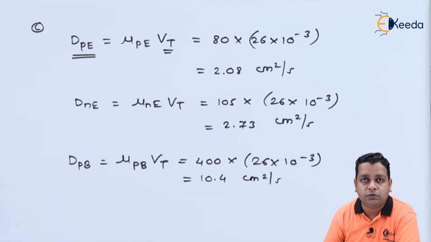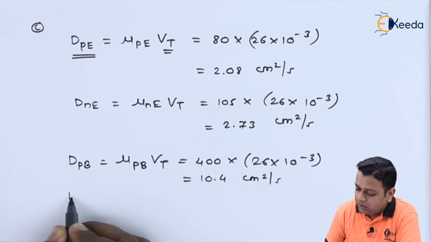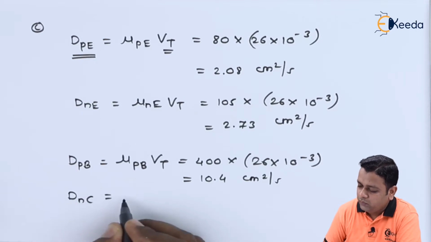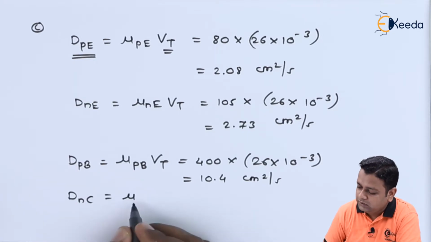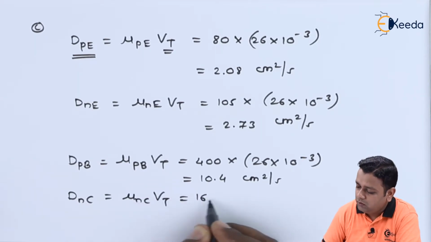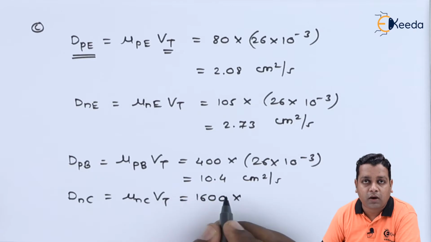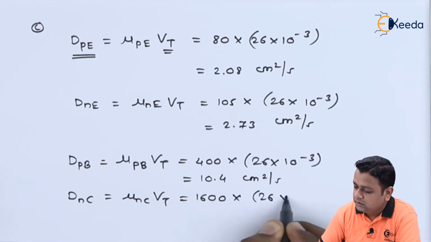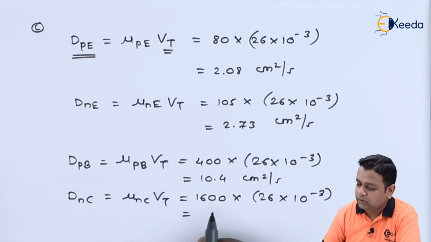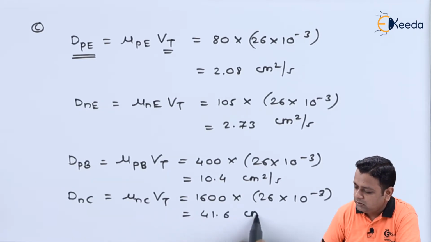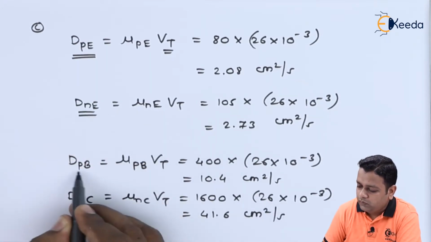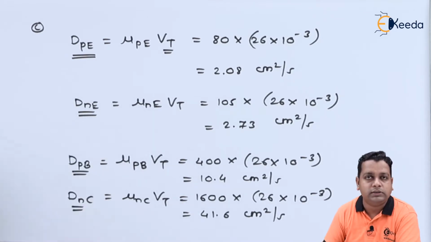And the last coefficient is D_nC, the multiplication of μ_nC into V_T. Here we have 1600 from part B into 26 into 10 raised to the power minus 3. The resultant value is 41.6 centimeter square per second. So these are the answers for part C.